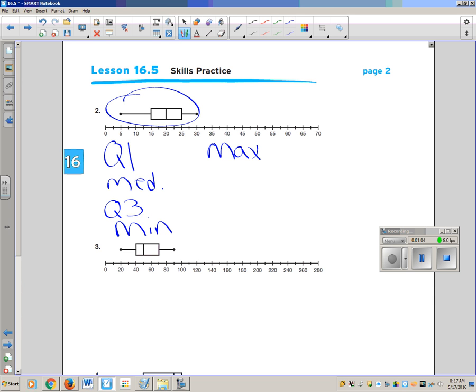The first dot is the minimum, and the last dot is the maximum, which is 30. Quadrant 1 is 15, quadrant 3 is 25, and the median is 20.